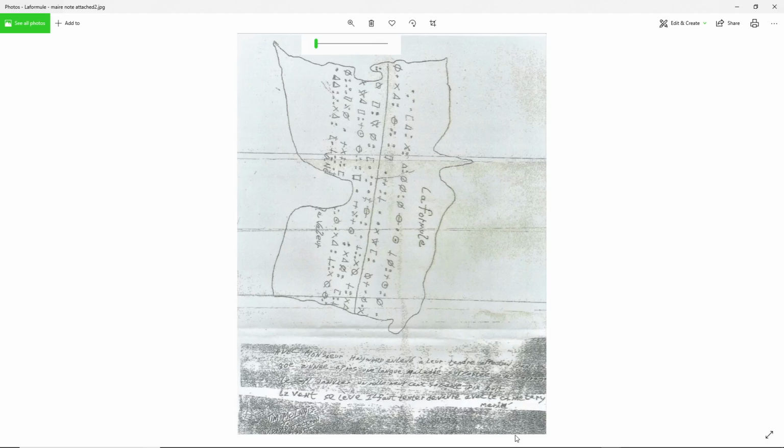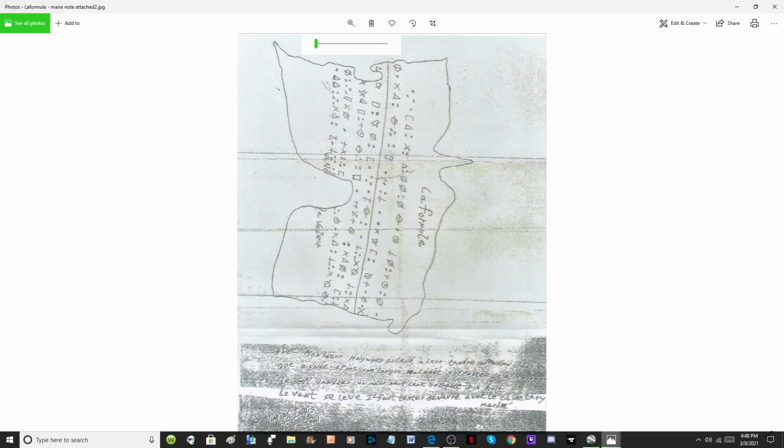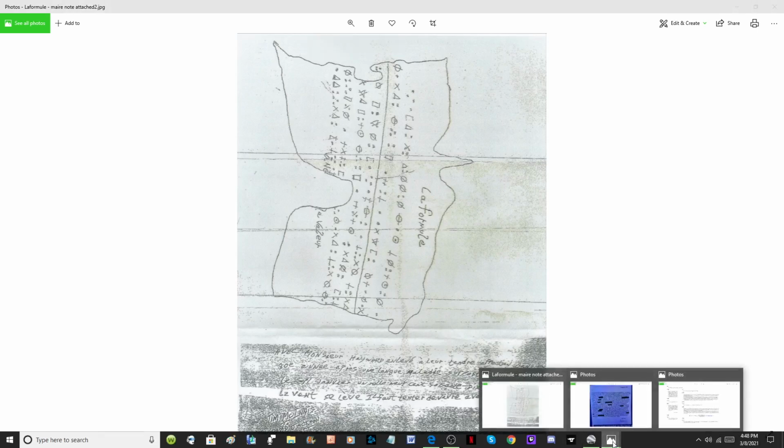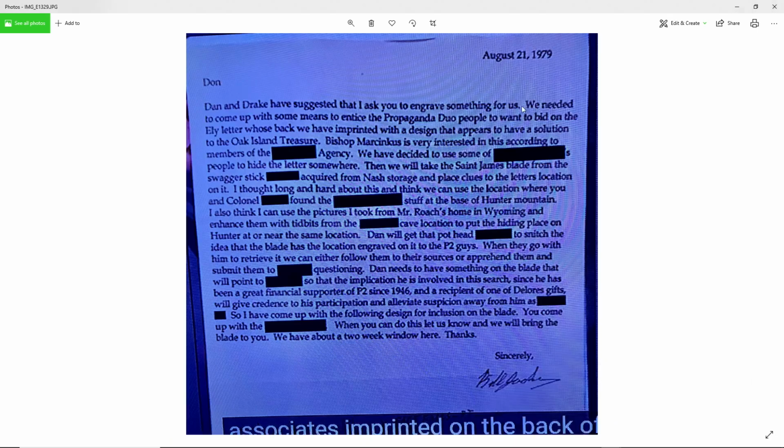I believe that is right. And that means he would have had to have made this map in 1979.